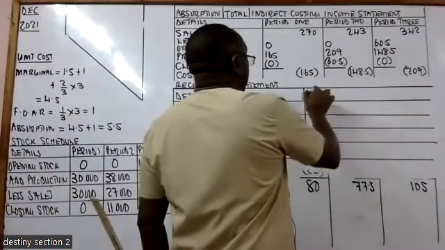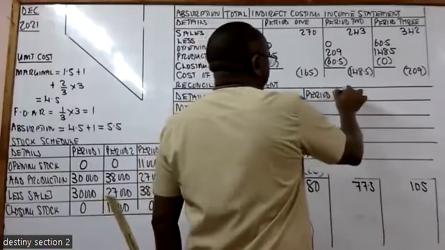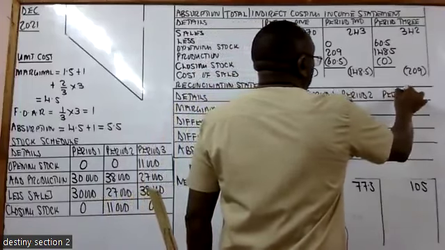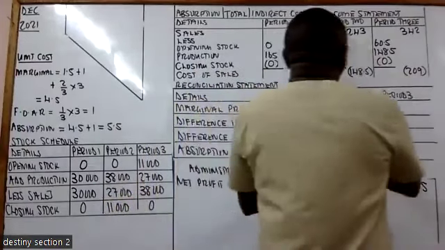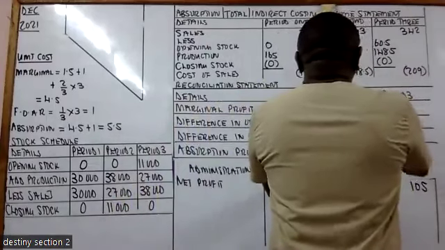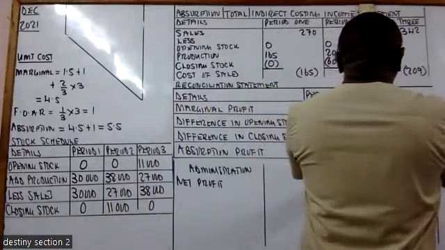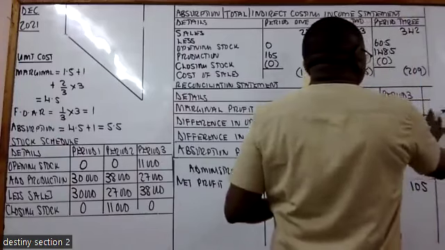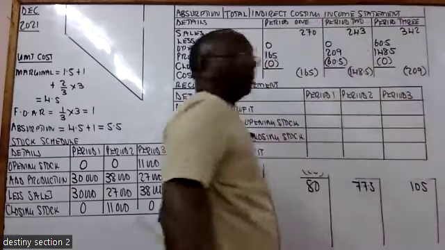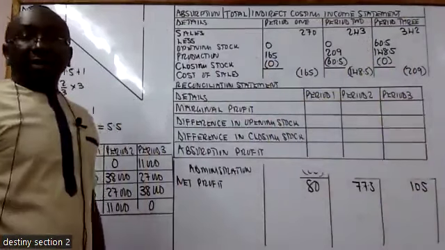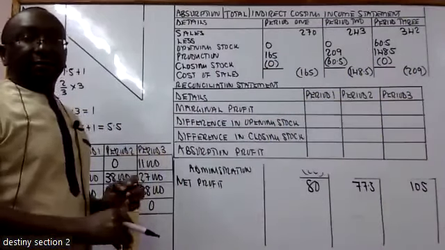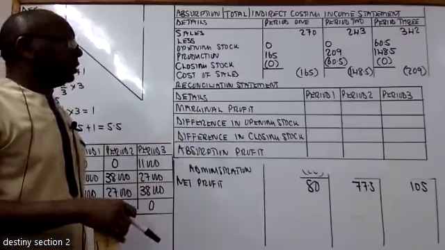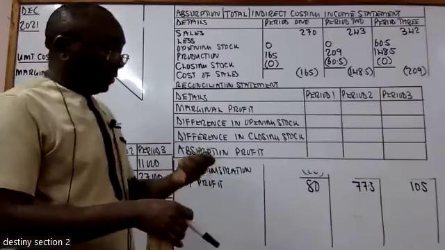So with that, we have period 1, period 2, and period 3. If you're not very sure which one to add or less, you can just put them that way.